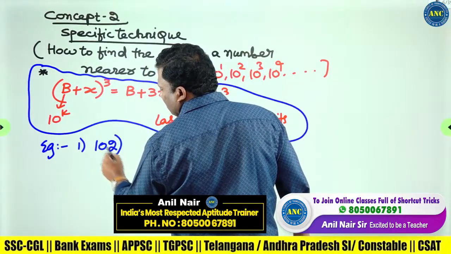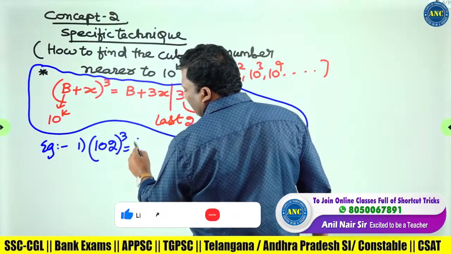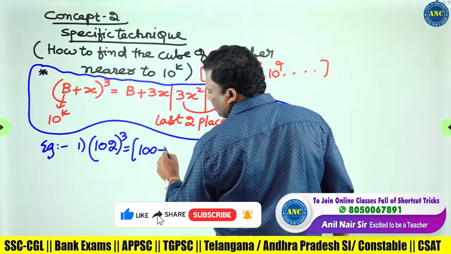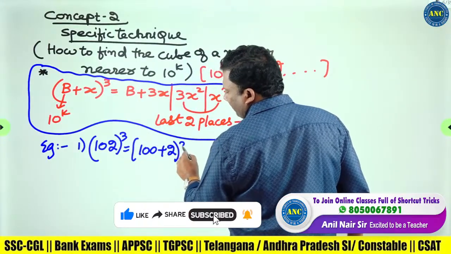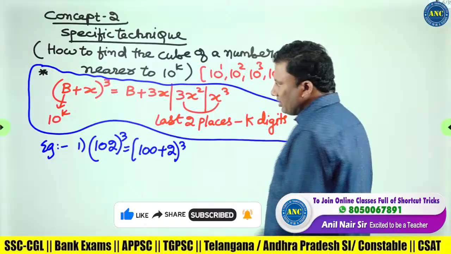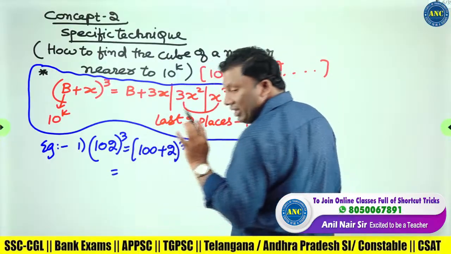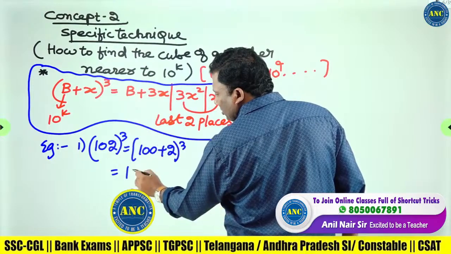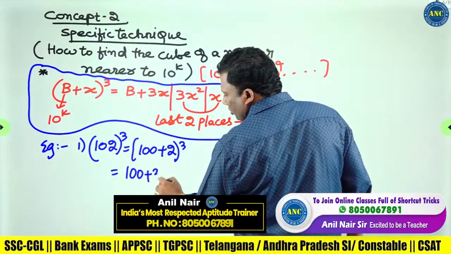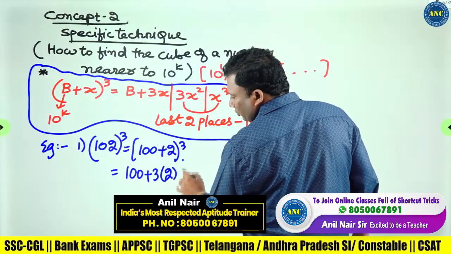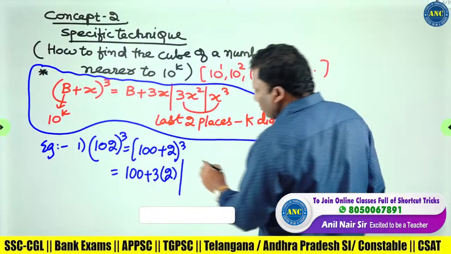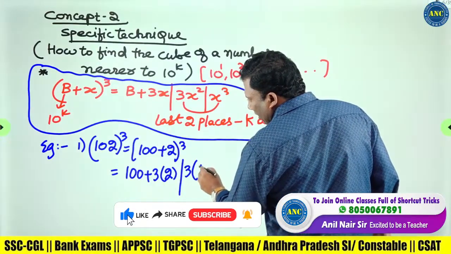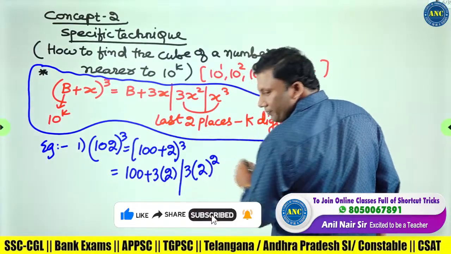102 whole cube. First listen. 102 can be written as 100 plus 2 power 3, that is b plus x power 3. First step: b is 100, x is 2. B plus 3x, 100 plus 3 into 2. First step clear? Next one, 3x square, 3 into 2 square.